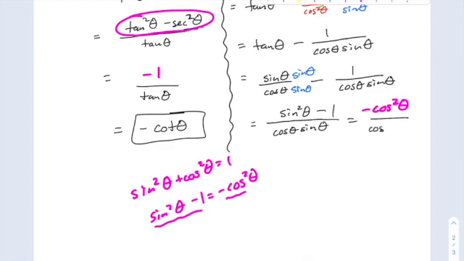divided by cosine sine. I see I can now cancel one of those cosines, right? Cosine from the denominator cancels with one of those cosines up top, and you are left with negative cosine to the first divided by sine.